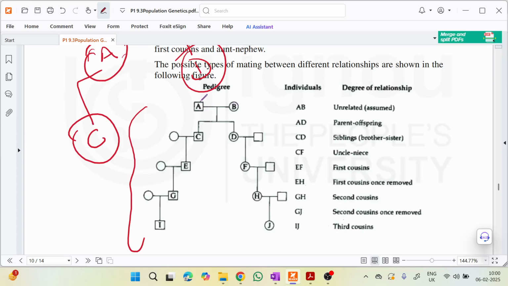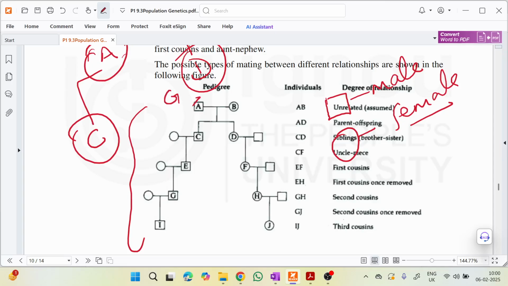A and B: the square stands for male and the circle stands for female. So he is a grandfather, she is a grandmother, and they have two children, C and D. C is a male and D is a female.